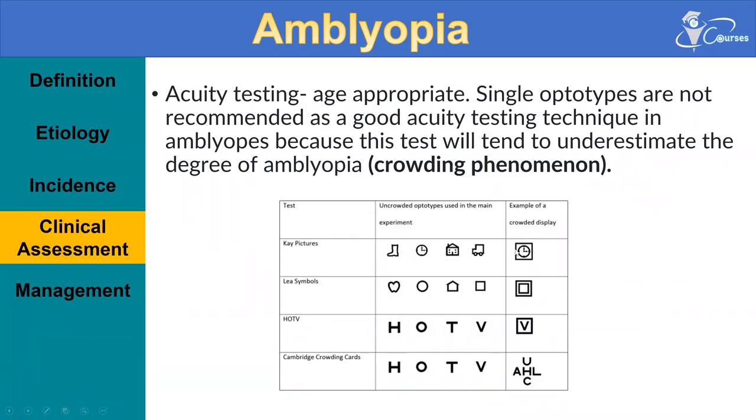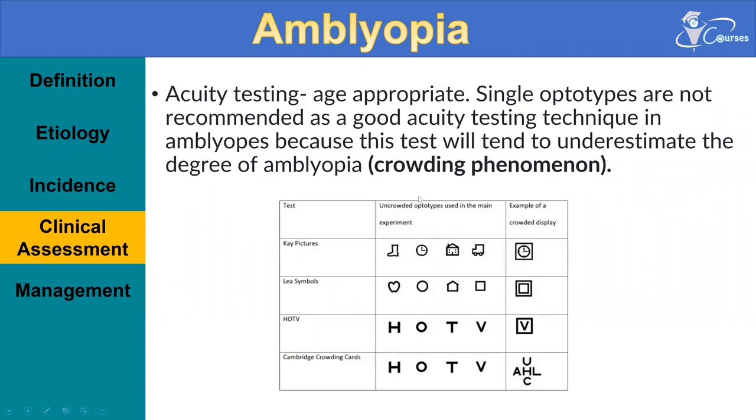If you present a single optotype like this to the child, he will score well. He tends to respond correctly. But if you present this optotype in a row, a vertical row or a horizontal row, he will tend to score less. He will not be able to see as well because of the crowding phenomenon.